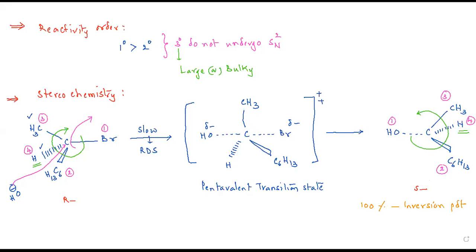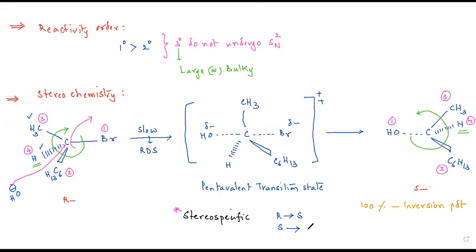Okay. And I can tell you that this is stereospecific. Why? It is because, like what we have seen here, if we start with R, we end up with S to an extent of 100%.